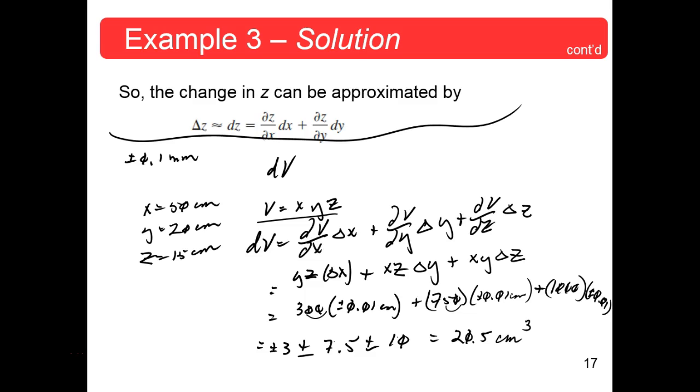So what is relative error? It's the actual error, plus or minus 20.5 cubic centimeters, which I gave to you before, divided by 15,000 cubic centimeters, and do that on your calculator. 20.5 divided by 15,000.